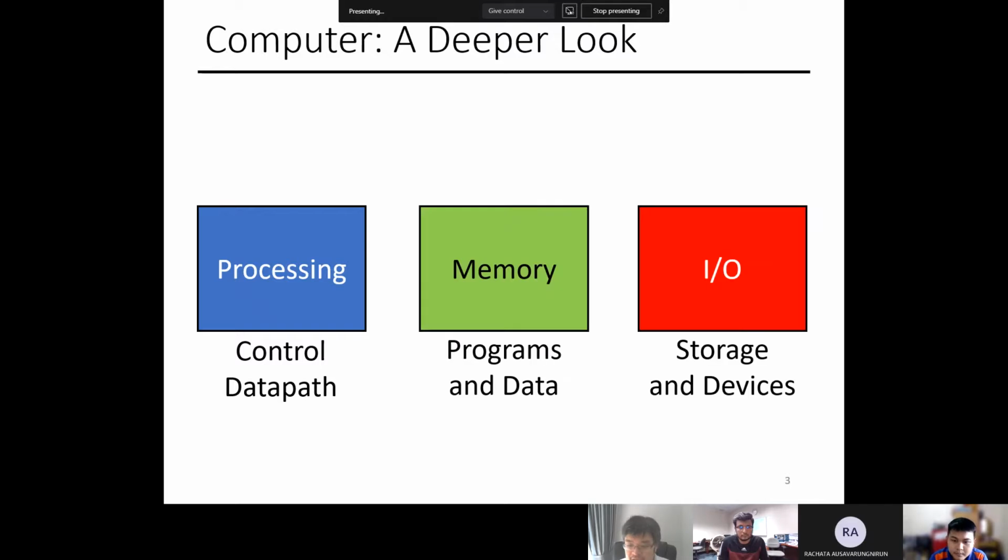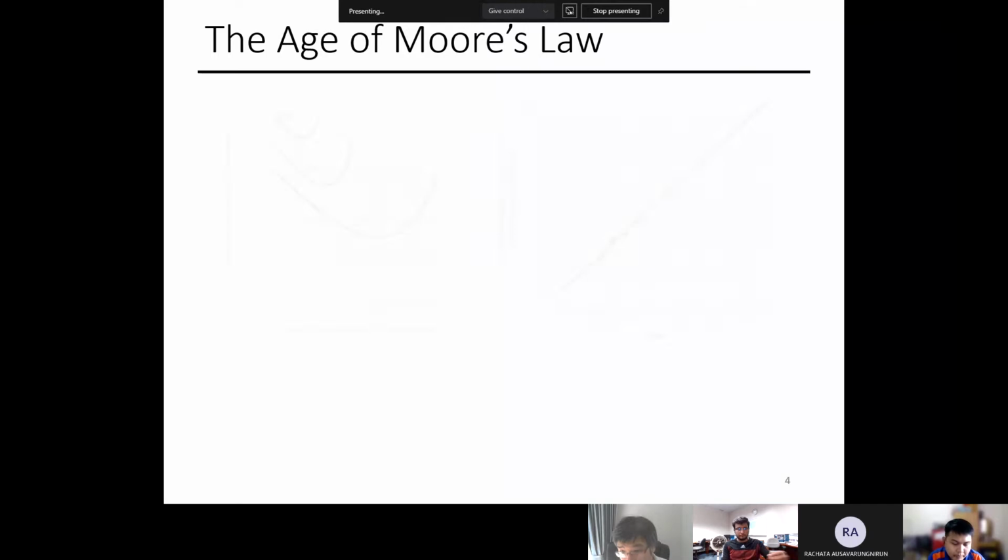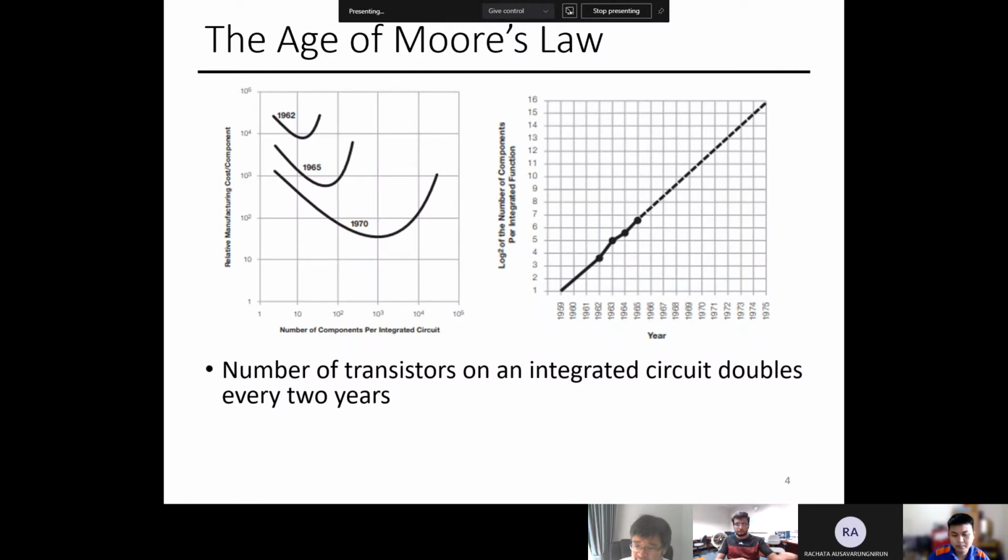If you look deeper, you're talking about this computer where you have the processing elements, the memory part, which acts like a scratch pad, and the I/O. The I/O is where you store all the files, where you take all the inputs, the keyboard, and where you display all the outputs. Those things communicate with the main memory, and the main memory communicates with the CPU.